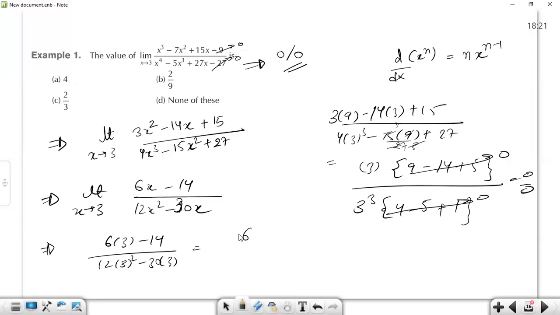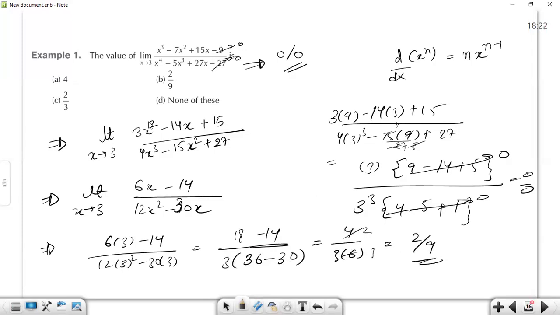Taking 3 common in the denominator, 36 minus 30. So this will become 4 by 3 into 6, so it becomes 2 by 3, and comes out to be 2 by 9. Yes, this is matching our answer. The answer is B.